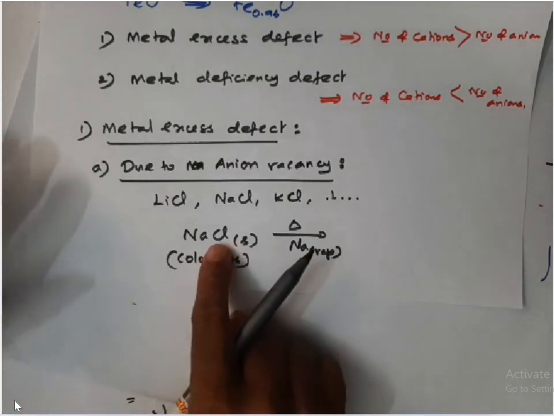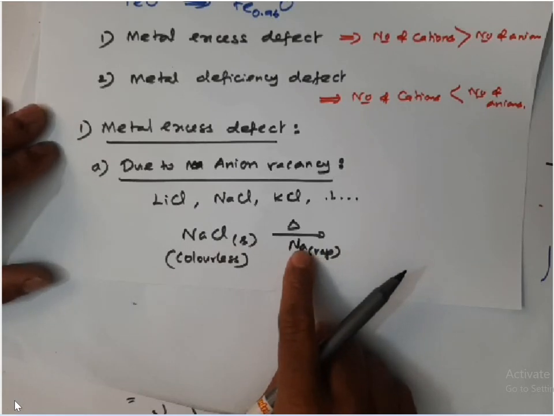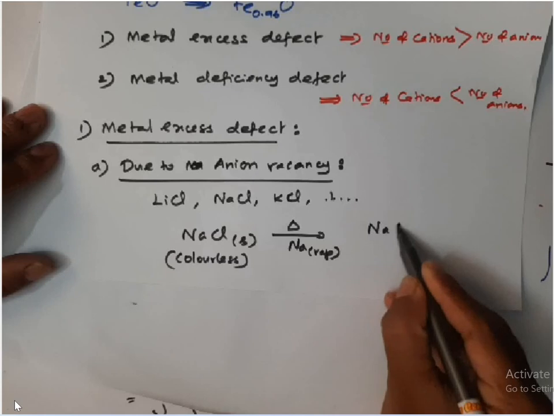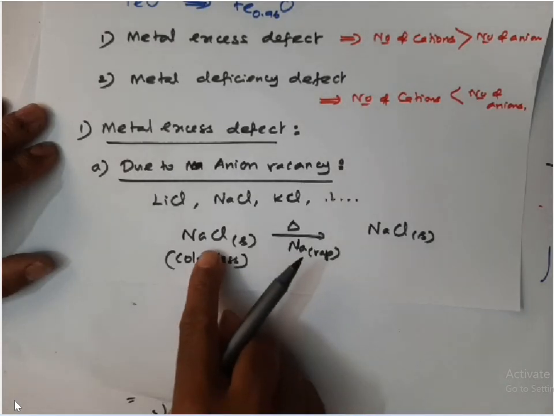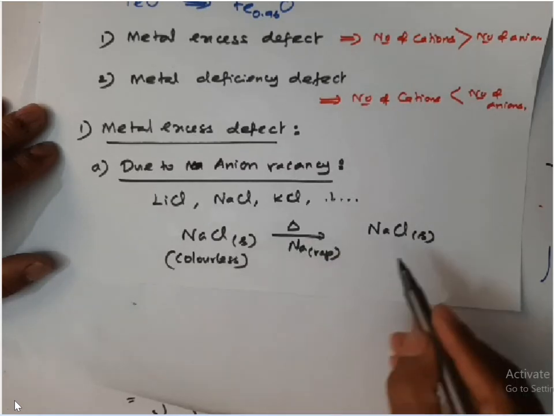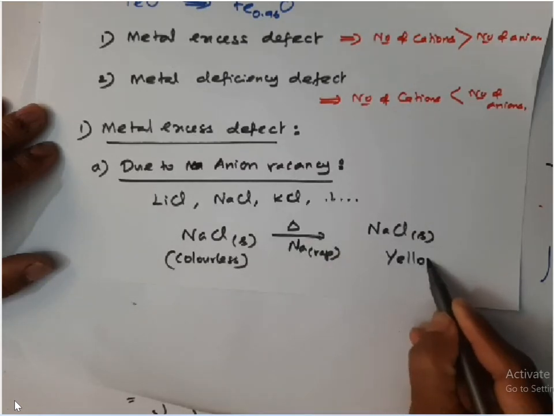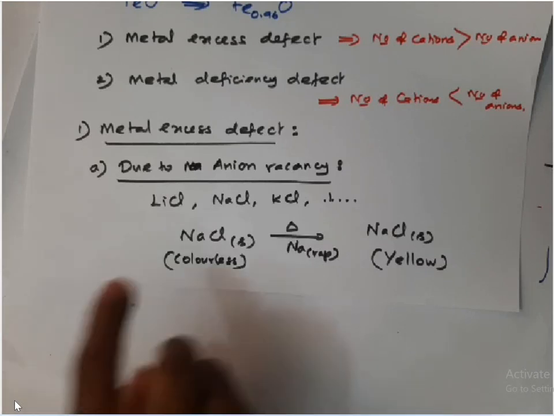On heating sodium chloride solid in the presence of alkali metal vapor, what will happen? The sodium chloride remains as sodium chloride only, but the color of the crystal changes: the colorless becomes colored, it becomes yellow. Sodium chloride is actually colorless, but when you heat it in the presence of sodium vapor, the crystal becomes yellow.